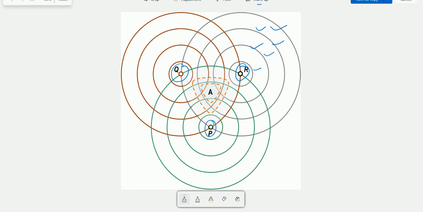Let's see the intersection of these circles here. Here we have the three activities, and if we locate our new industry in this area, then the transportation cost and the production cost will be minimized, and this is what we call agglomeration economies.